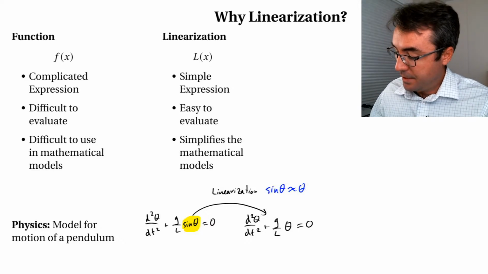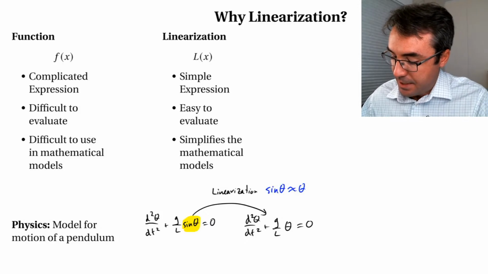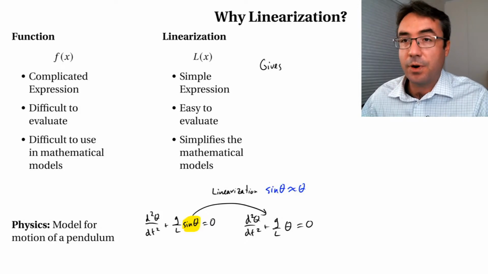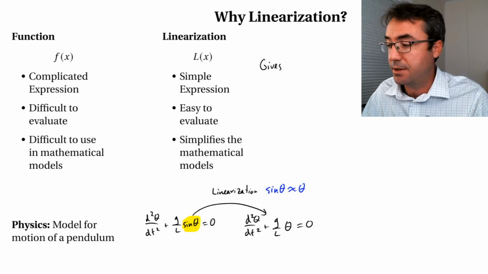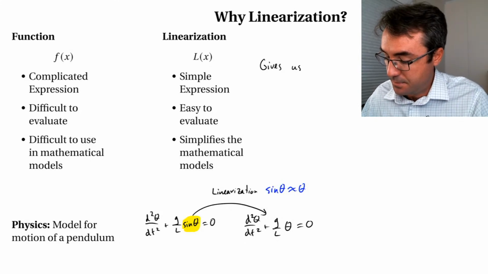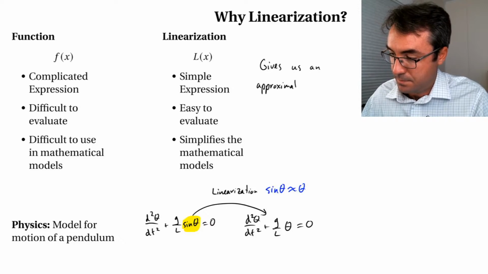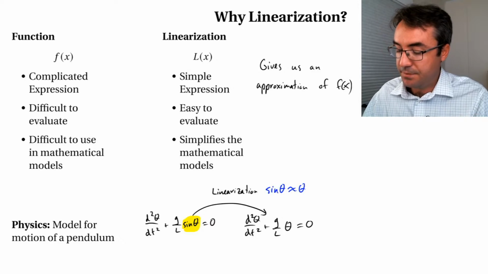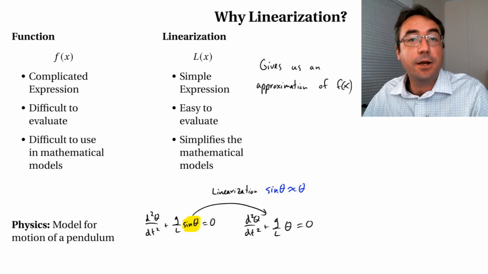And the upshot here, what's really beneficial about L of x is it not only allows us to approximate just a number, but it actually gives us an approximation of the entire function. So it gives us an approximation of the function f of x over an entire interval.